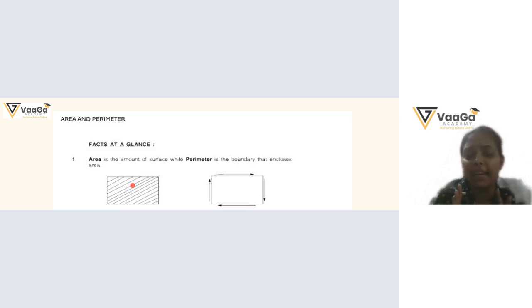So today our class will revolve around the area and the perimeter for rectangle and square. Now, can you tell me how you differentiate between a rectangle and a square? A square has all sides equal, while a rectangle does not.